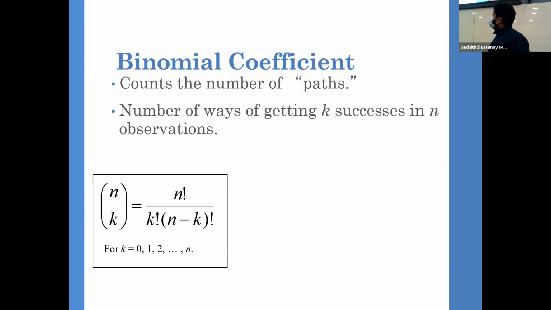K is the number of successes you have, so definitely k is less than or equal to n. K cannot exceed the limit of n. Clear? You can expand that as factorial n divided by factorial k times factorial of their difference, n minus k. I think you have seen this factorial, right?